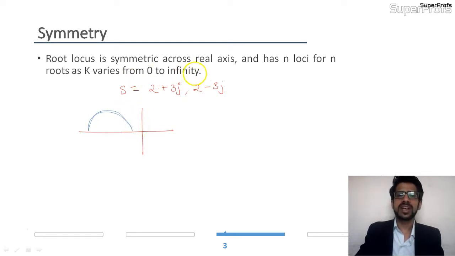The root locus is symmetric across the real axis, and that is why you will have the exact mirror image of the figure above the real axis.